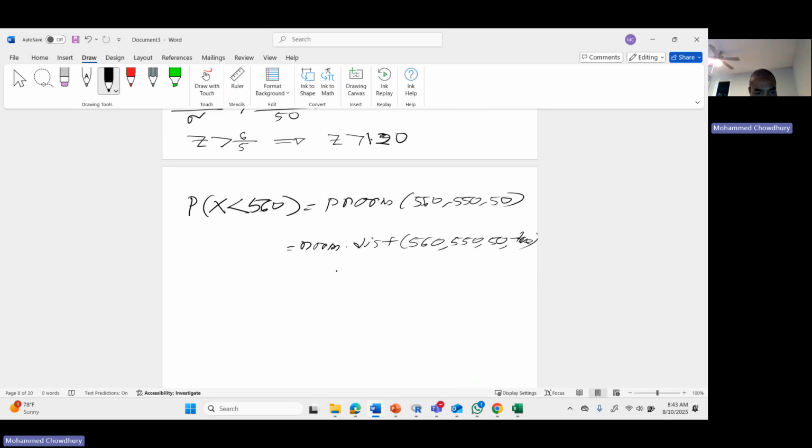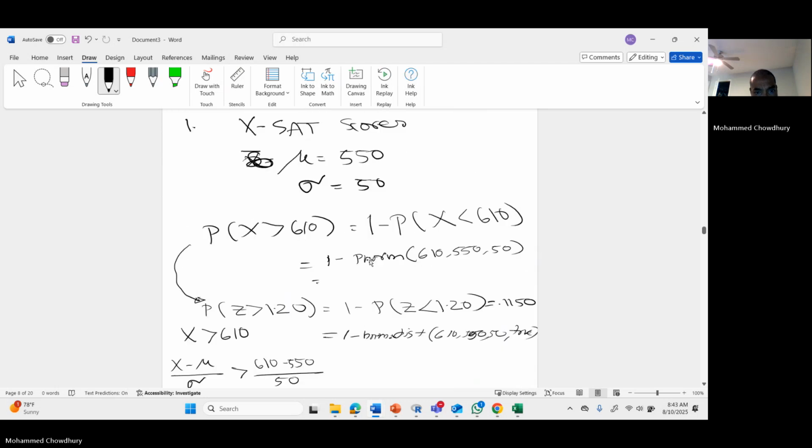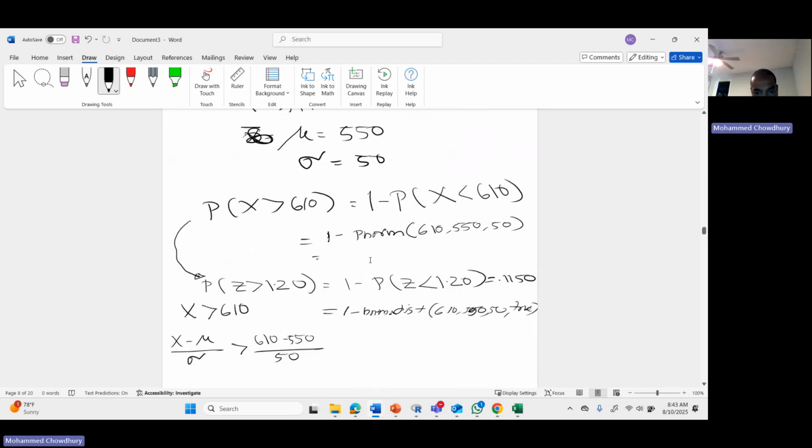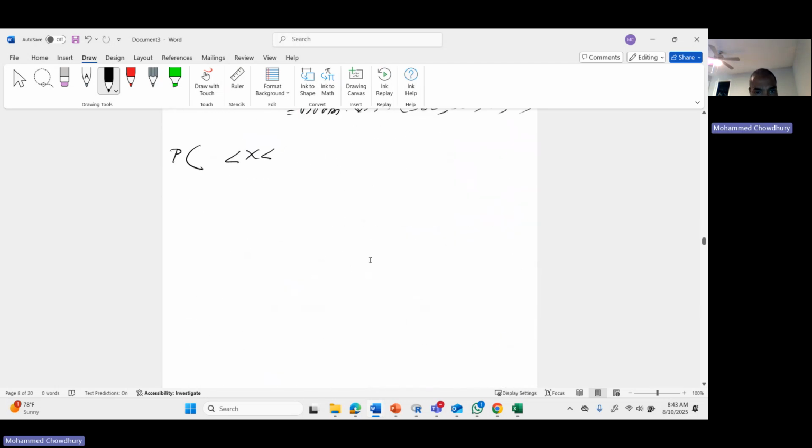And now you can write probability of X between 560 and 590.